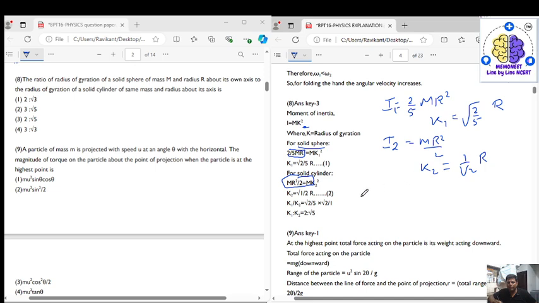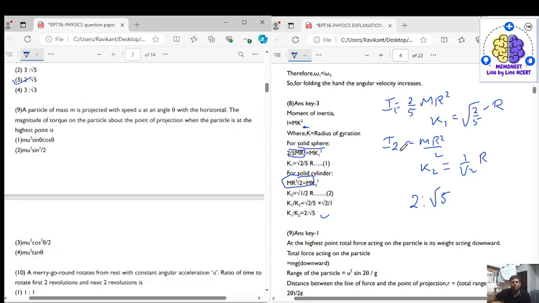When we find the ratio K1 upon K2, this root 2 will go up, multiply with this root 2 will become 2. So the ratio will be equal to 2 is to root 5. So the correct answer for question number 8 is option 3, that is 2 is to root 5.